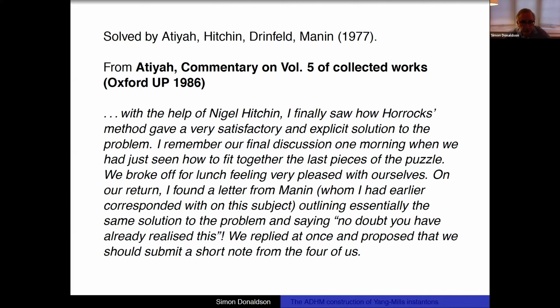We broke off for lunch feeling very pleased with ourselves. On our return, I found a letter from Manin outlining essentially the same solution to the problem and saying, 'No doubt you've already realized this.' We replied at once and proposed that we should submit a short note from the four of us." So that was the story of the solution of these problems essentially by independent groups, Atiyah, Hitchin and Drinfeld and Manin.